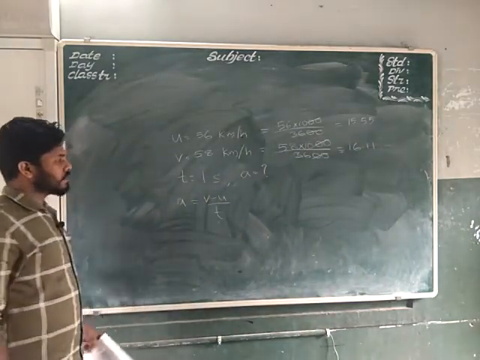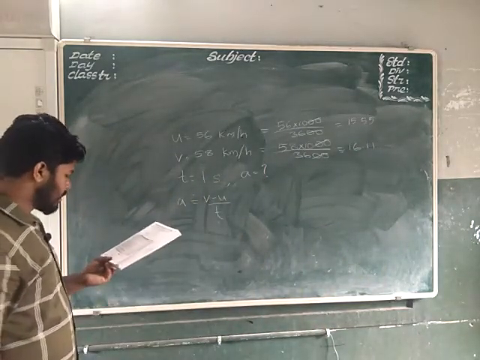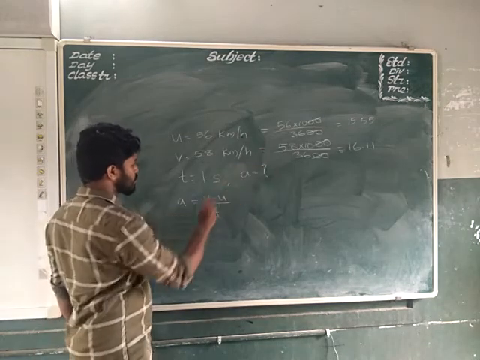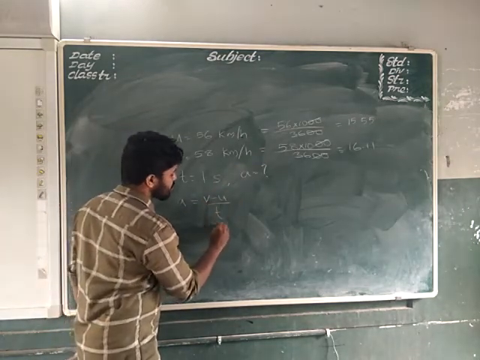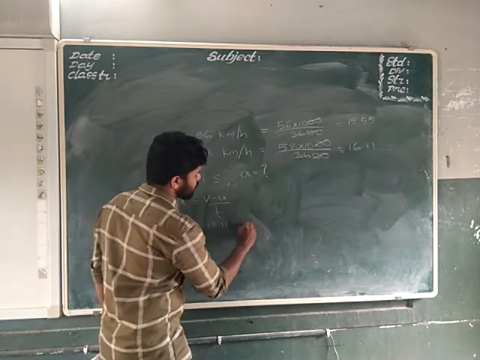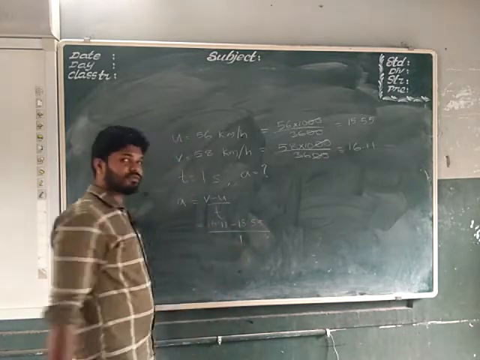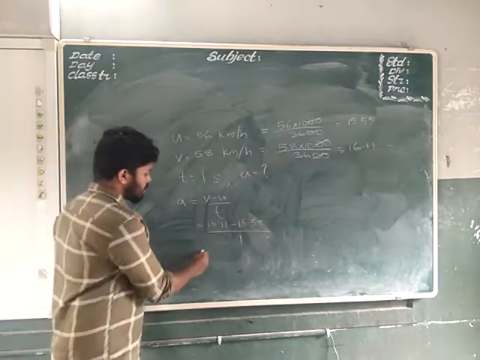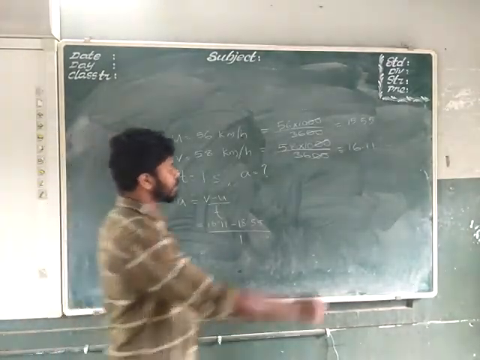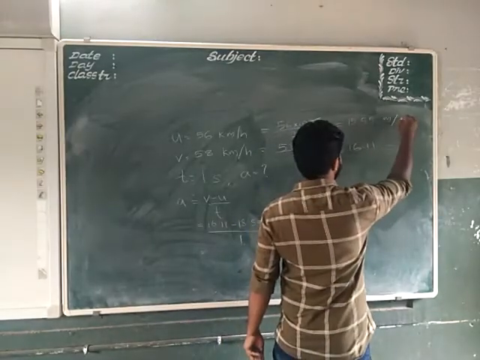So a is equal to v minus u by t, and we substitute the values: 16.11 minus 15.55 divided by t, which is equal to 1. Here the unit is meter per second.